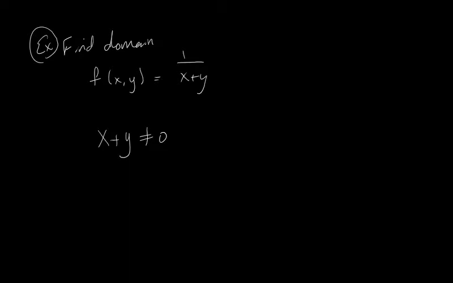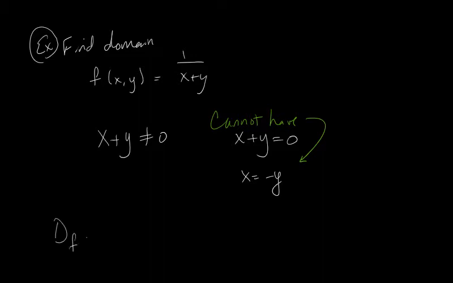We set it equal to 0 to find what our values cannot be. We cannot have x equal to negative y. So then the domain for our function f is going to be the set of all x, y such that x is not equal to negative y.